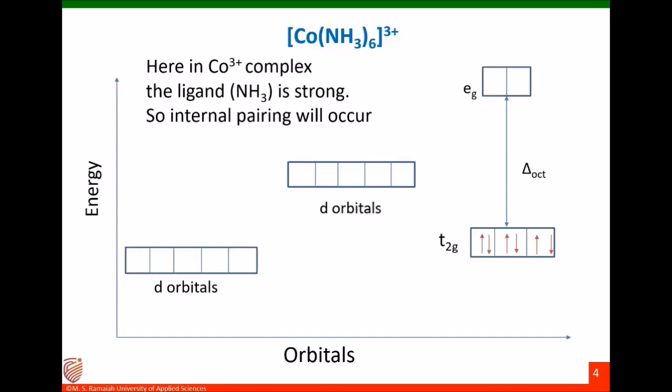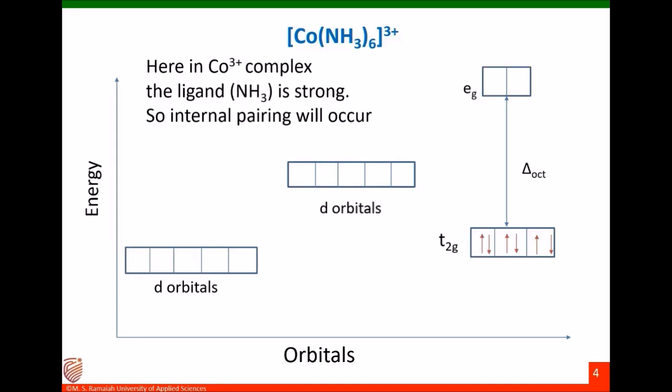Now you can see the incoming ligand is ammonia, which is strong, so the electrons are filled based on the internal pairing. Internal pairing means the entire t2g should be filled first, then only the electron will go to eg orbitals. So here it is a d6 configuration, so 6 electrons.